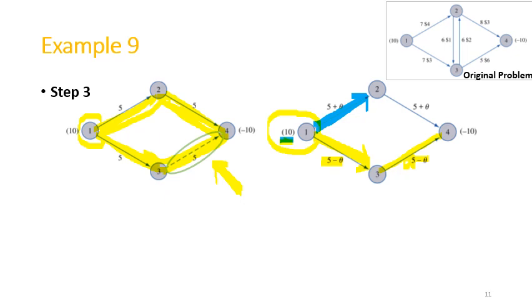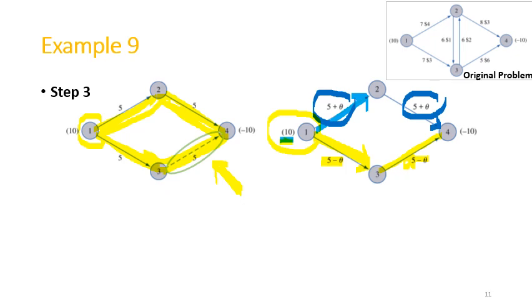So here we write this down as 5 plus theta. And then as the consequence, if the flow from 1 to 2 increase, it means that from 2 to 4, the flow is also increasing. So we write down here 5 plus theta.